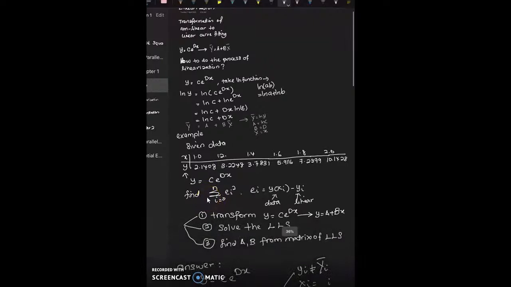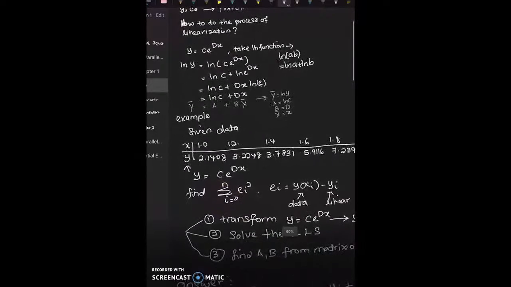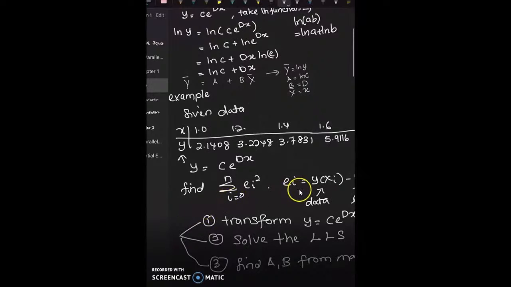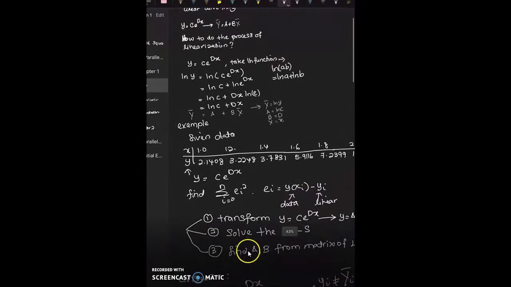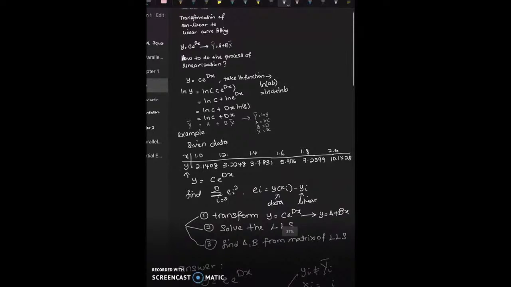In this case, we need to transform the exponential function to the linear form y equals a plus bx. The second question asks us to find the summation of square error. The error is the difference between the data and the linear least square line that you get from the previous topic. So we need to go through three steps.